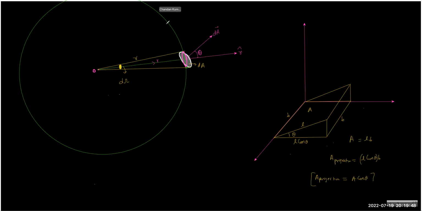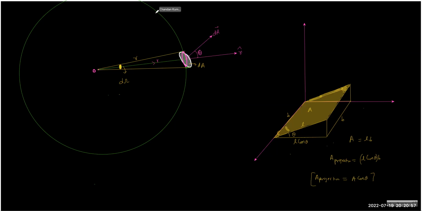Now, what do you mean by area vector? I hope you remember the area vector. Area vector is always a vector which is perpendicular to the surface, right? The area of the base is A cos theta.